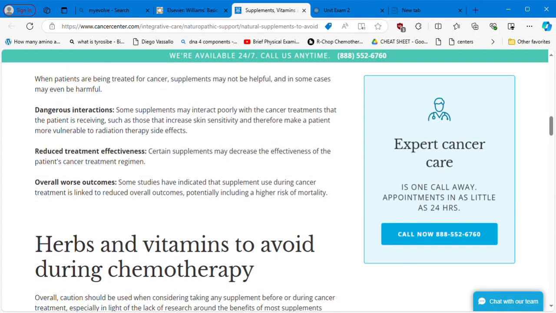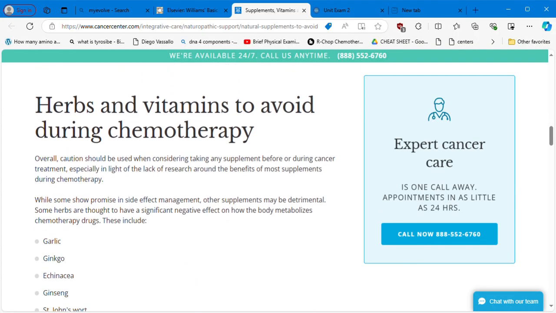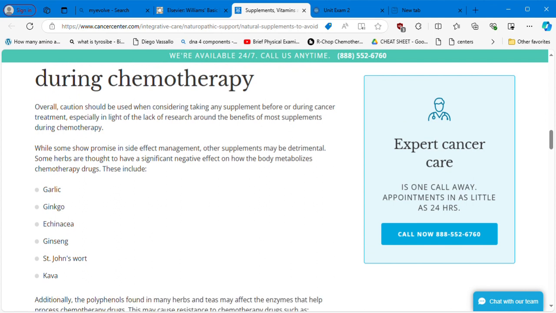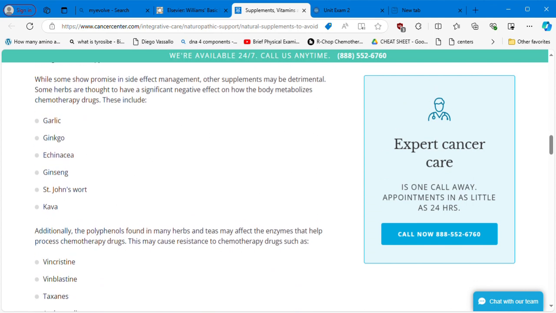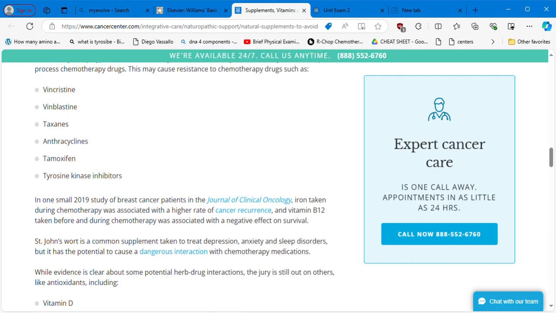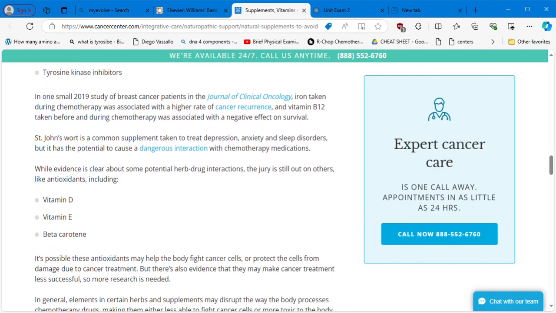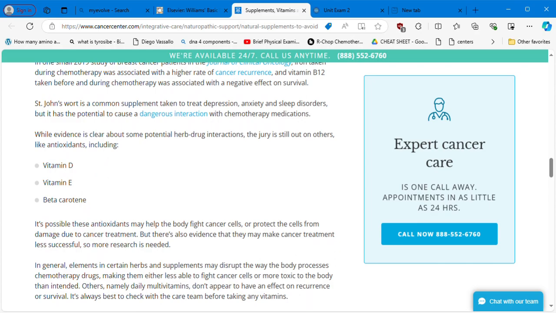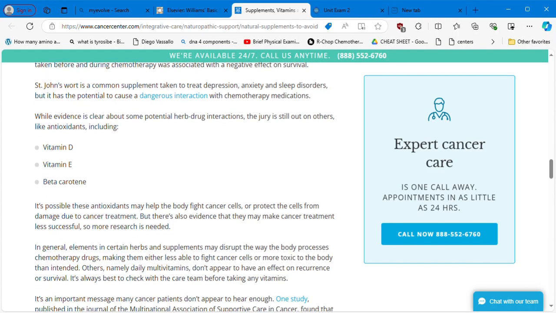For example, herbs and vitamins to avoid during chemotherapy: garlic, ginkgo biloba, echinacea, ginseng, St. John's wort, kava, and so on. Okay. Well, evidence is clear about some potential herb-drug interactions. The jury is still out on others, like antioxidants, including vitamin D, vitamin E, beta-carotene.